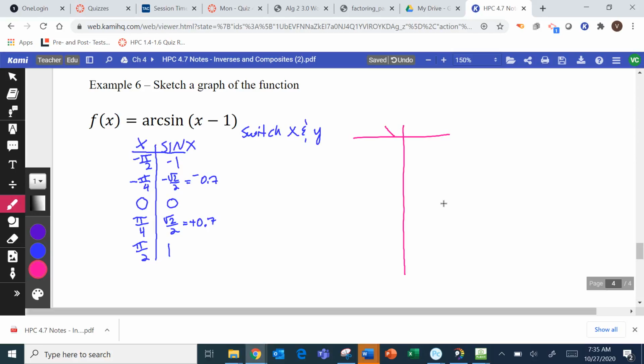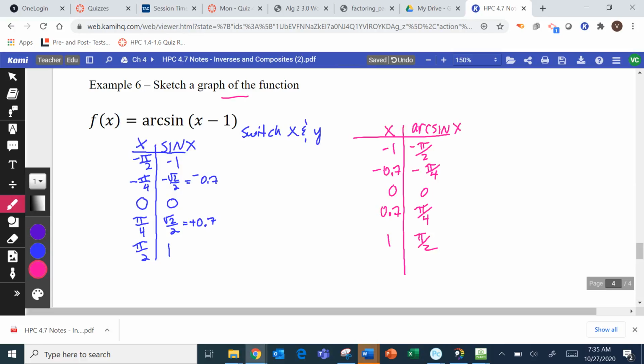So now our x column is going to be the old y column, and our arcsine will be the old x column. And so this would be the arcsine function values.